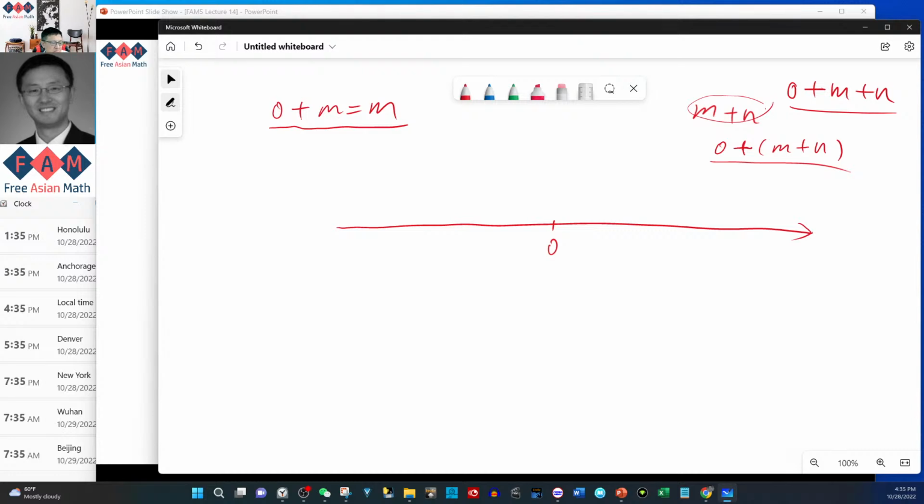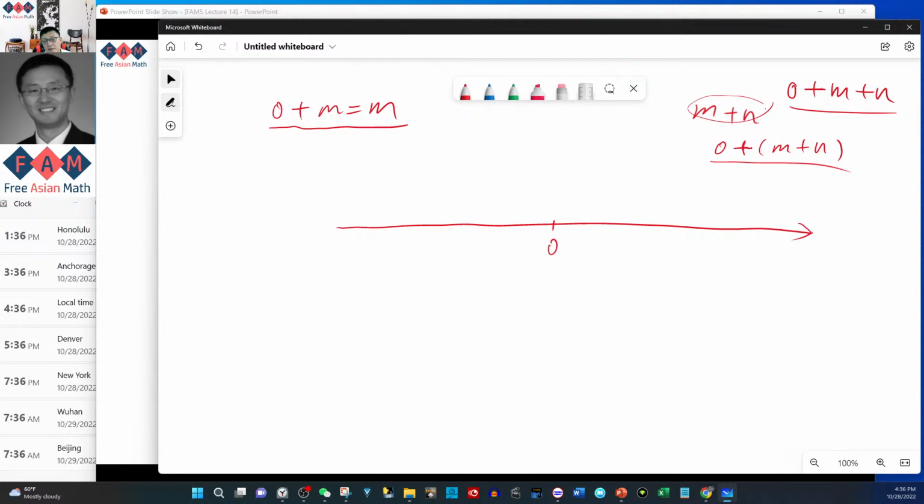The commutative law simply says that which one goes first doesn't really matter, which makes sense, right? If both are positive, then you will just have the regular commutative law. So we know m plus n equals n plus m. If both are negative, essentially it's a reflected version of the commutative law for the natural numbers, because in both cases you will count toward the left, and it doesn't matter which one you count first.